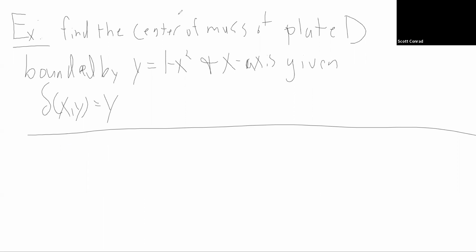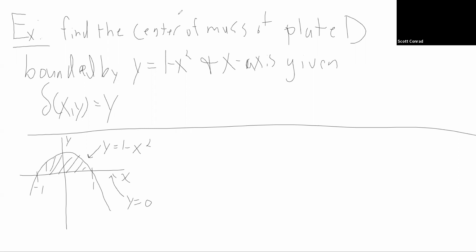We're going to use the same bounds every time. Okay, y equals 1 minus x squared and the x-axis. So that's y equals 1 minus x squared. It's going to hit the x-axis at 1 and negative 1. The x-axis, of course, is y equals 0. And that's our region D.